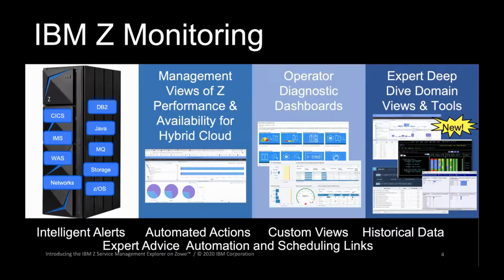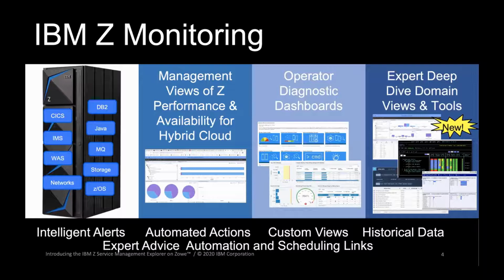To provide true operational resiliency for hybrid cloud environments, IBM Z Monitoring also incorporates management views, including distributed platforms and resources that underpin hybrid cloud operations, through the enterprise portal. This gives management and domain experts a full 360-degree view of the environment, breaking down those silos.